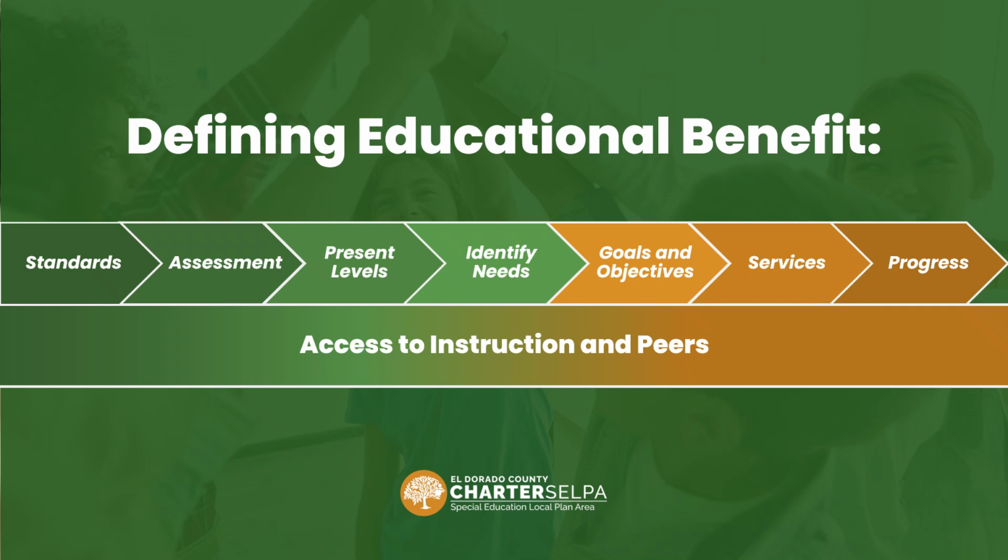Assessment establishes present levels to identify needs, which drive goals, and ultimately determine service and placement to support student progress. Providing educational benefit is the foundation of IEP development, and it's where compliance meets meaningful outcomes for students with disabilities. While the IEP may appear as a series of forms, it's really a cohesive plan, grounded in the Andrew F. decision.